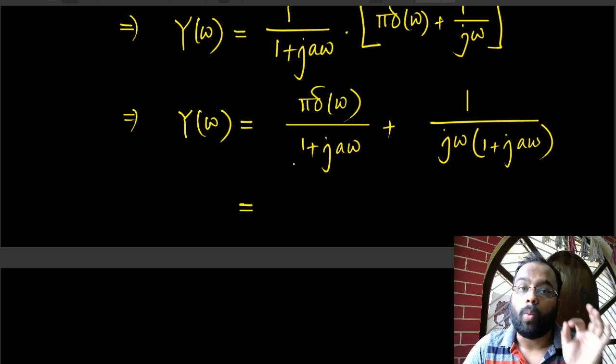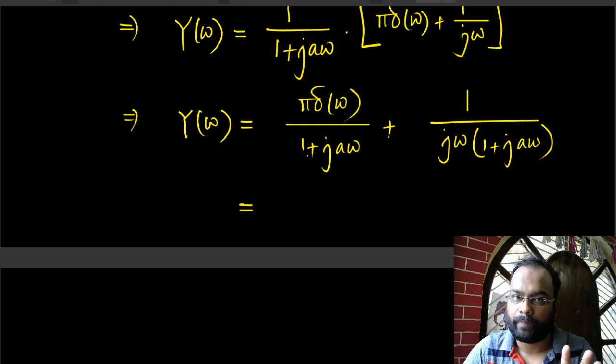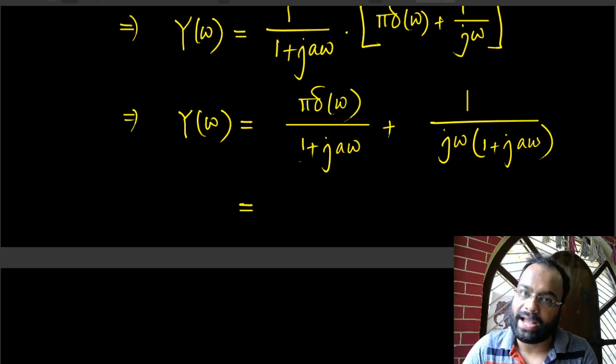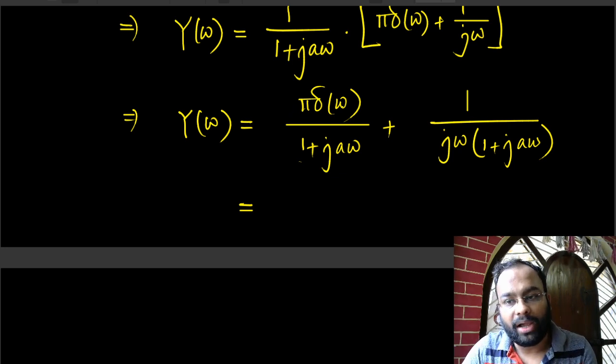The question is, when is this whole thing non-zero? When omega is anything other than 0, this whole thing is 0, simply because delta omega is 0 and it is multiplied in the numerator. So this entire term is non-zero only when delta omega is non-zero.